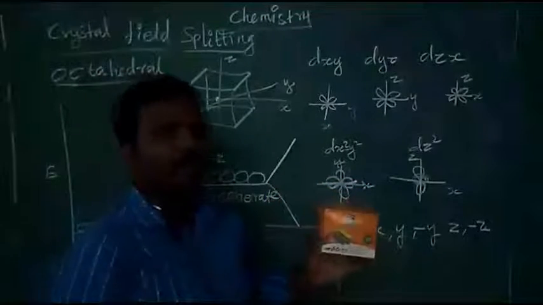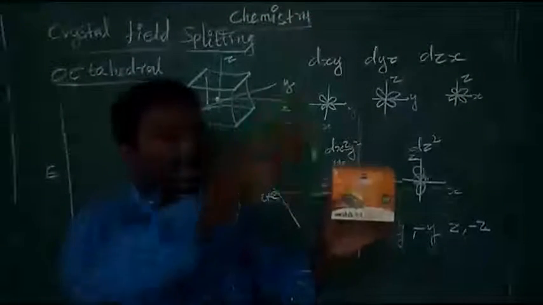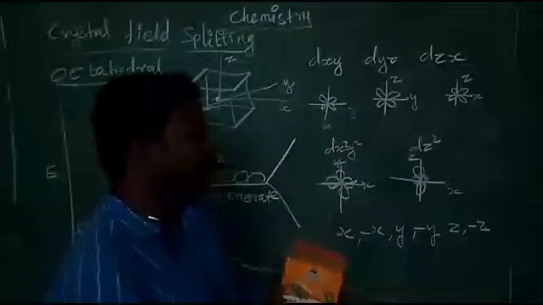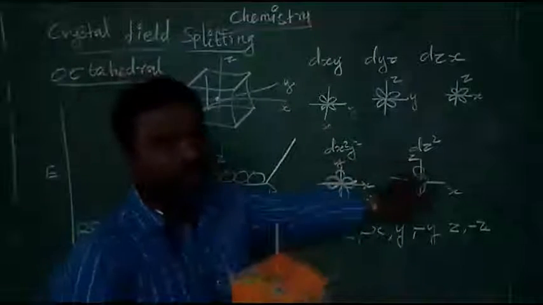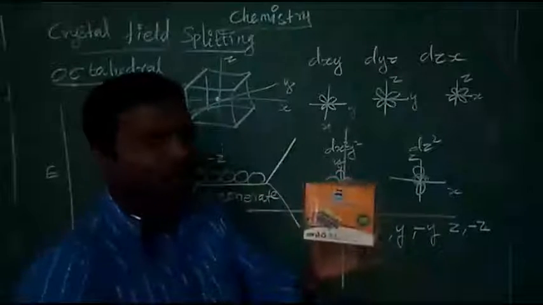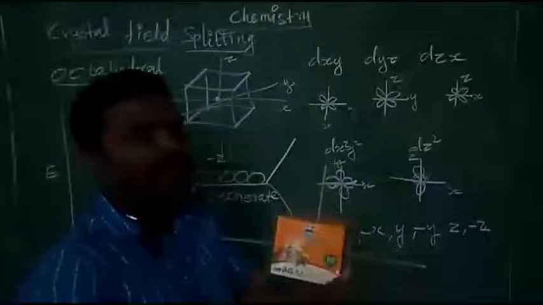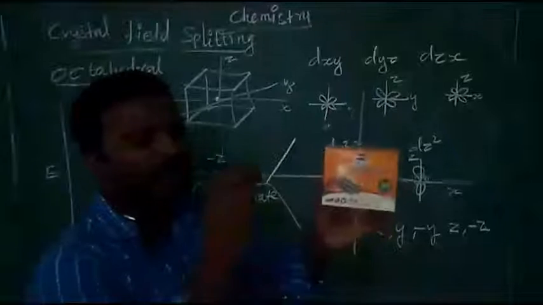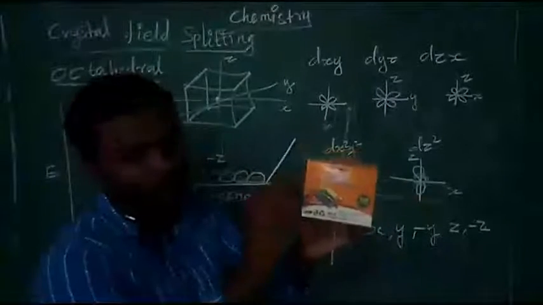If you see in your book, violet color loops are given like this. The violet color loops are only dx squared minus y squared as well as dz squared. Now make it clear. We have 5 degenerate orbitals in the middle of the cube.